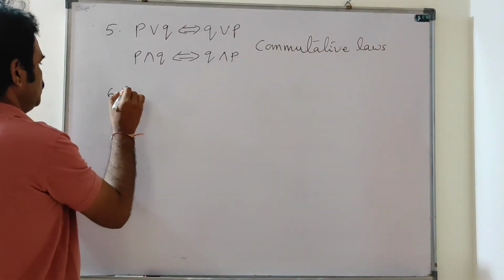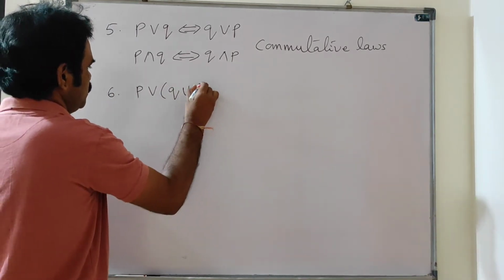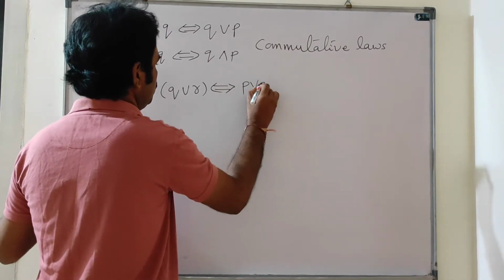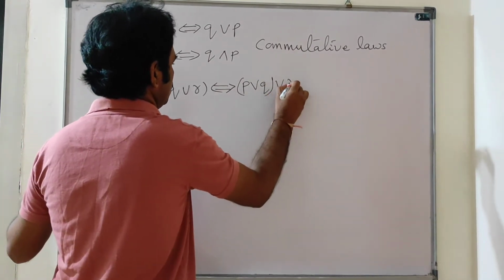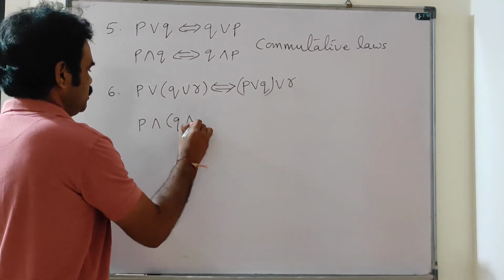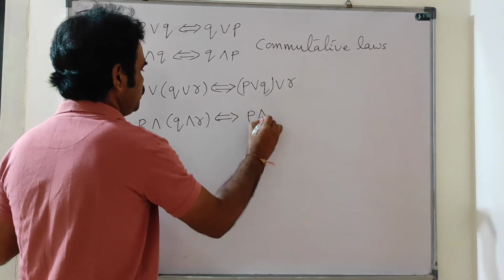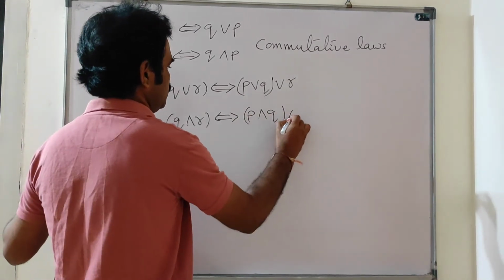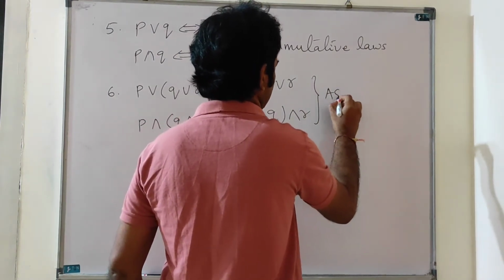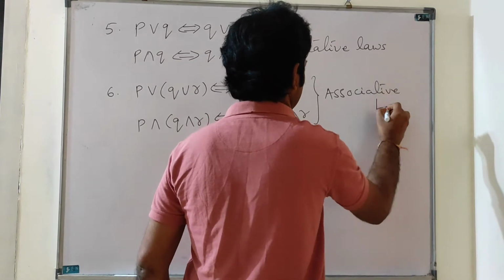Next, P or (Q or R) is logically equivalent to (P or Q) or R. P and (Q and R) is logically equivalent to (P and Q) and R. These are known as associative laws.